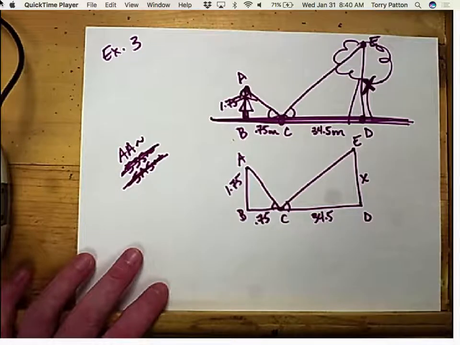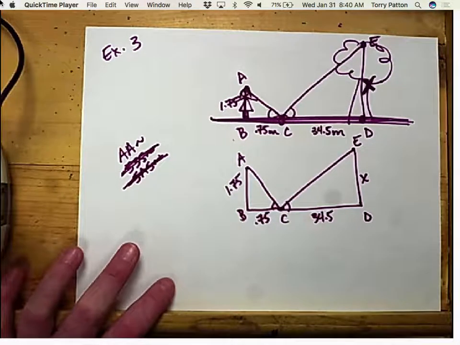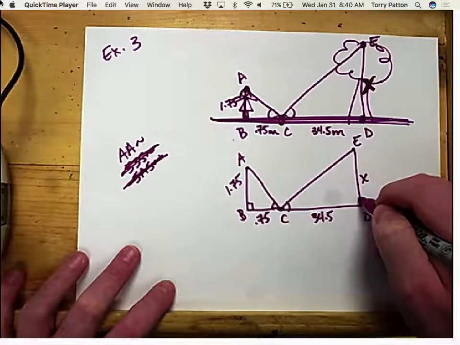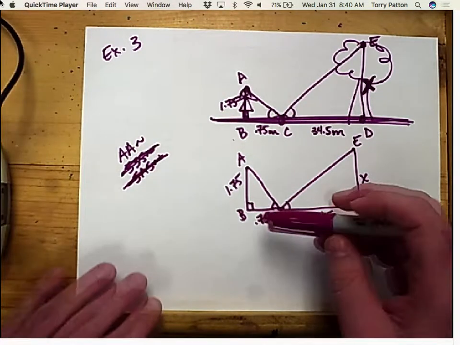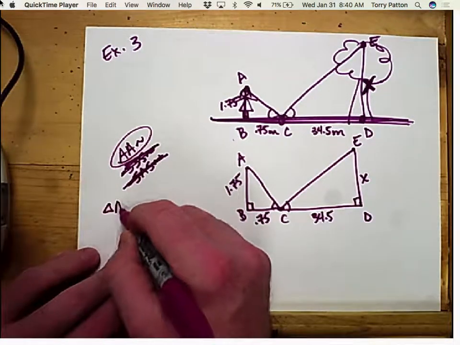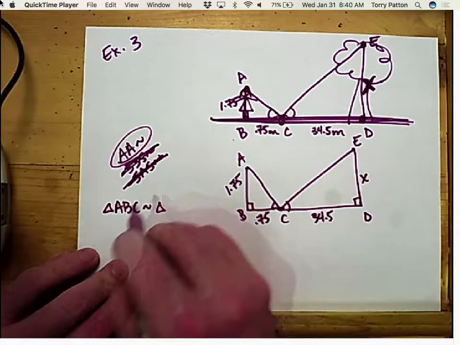Yes. Because both the girl and the tree stand up straight. So that's a right angle, and that's a right angle. Okay? So, by angle-angle similarity, we can say triangle ABC is similar to triangle EDC.